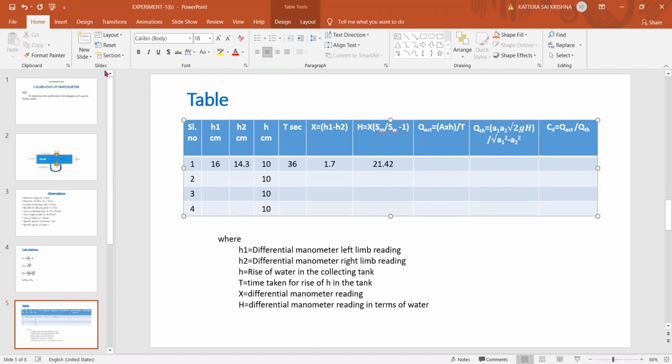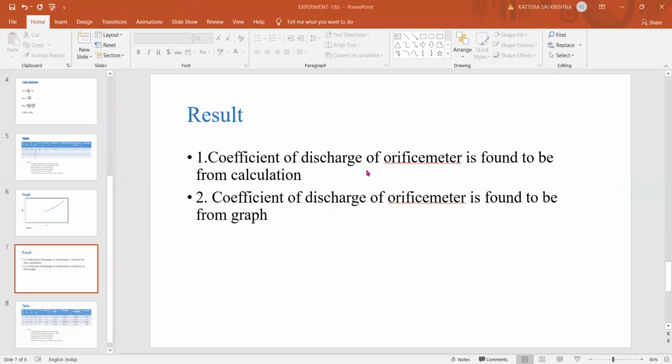Next, Nikash, what is this? Yes, sir, 1 second, I'm doing. Okay, calculate and tell. I'll wait.